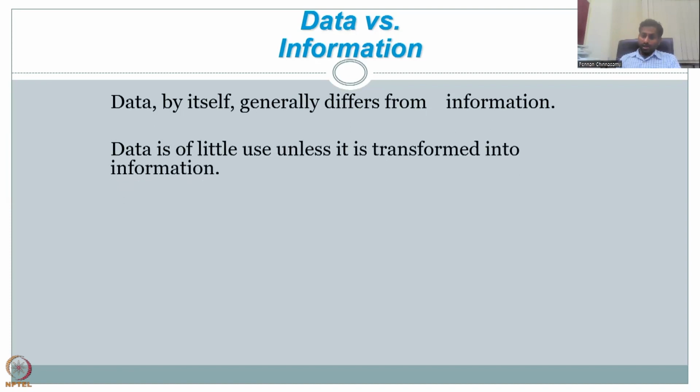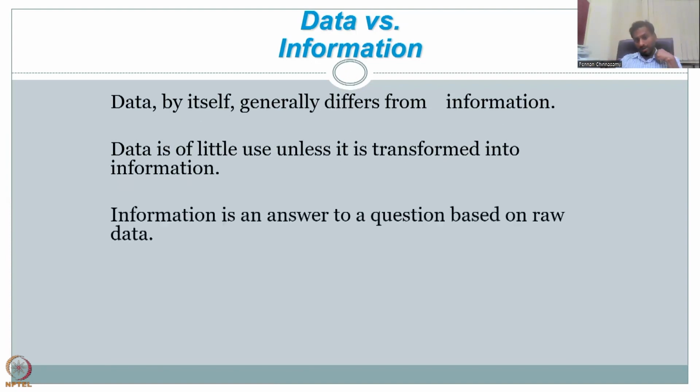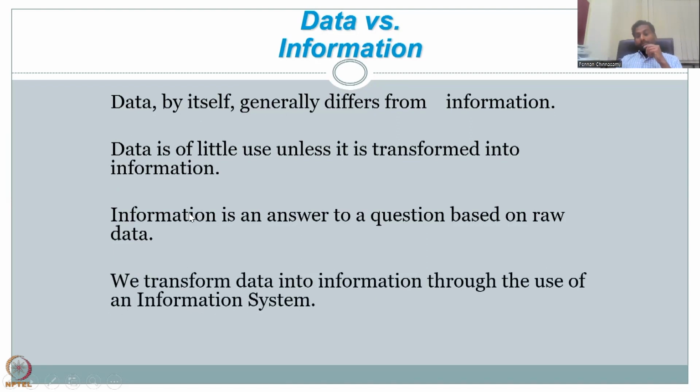Data is of little use unless it is transformed into something that can be comprehended as information. Information can be an answer to a question you raise, and you use raw data to answer the question. Then information comes. We transform data into information through software, and here it is GIS, an information system.